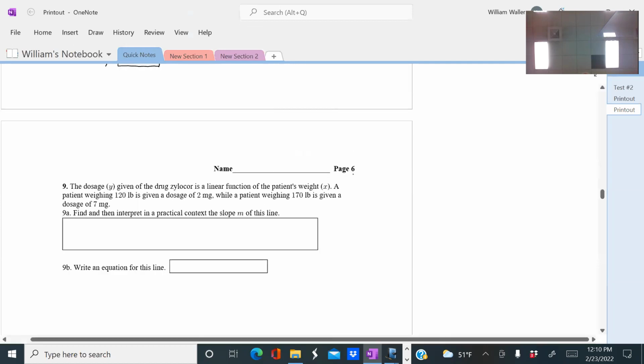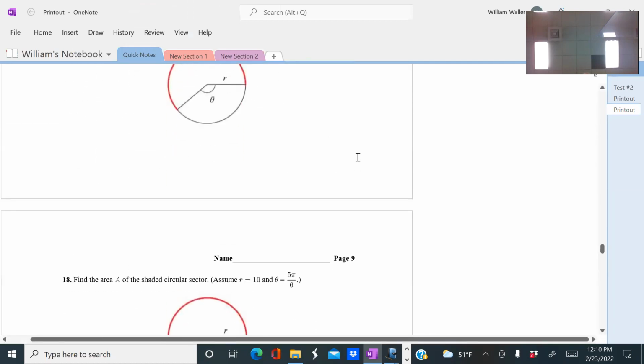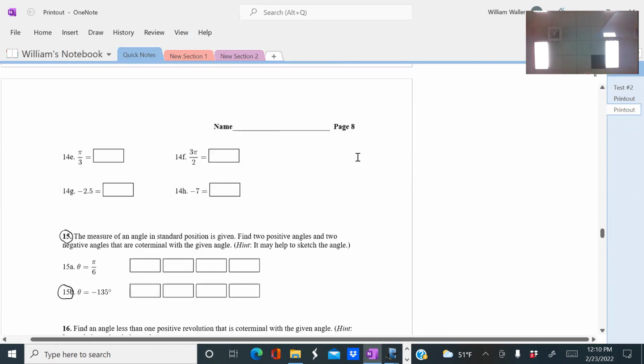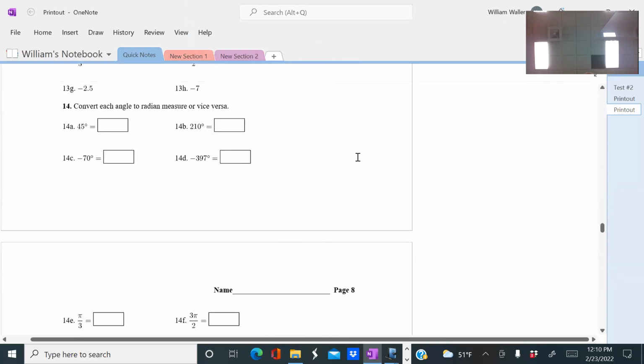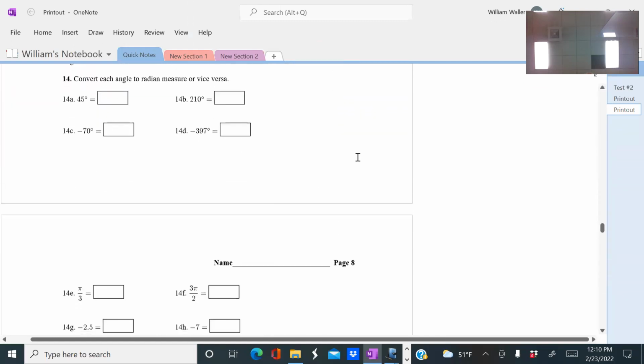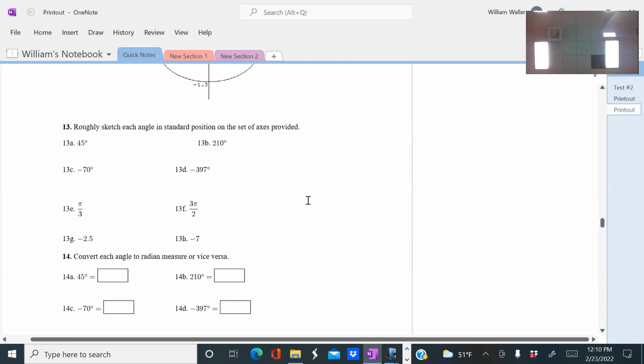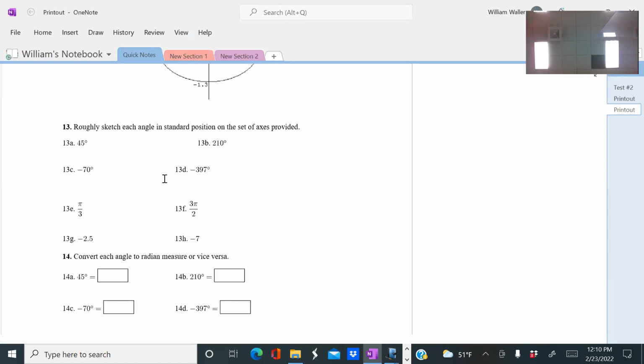All right, one more thing I want to show you is problems like this, okay? I didn't put the answers here, I don't think. So you want to practice this, though. These are easy questions. It just says sketch the angle, right? So try to practice that before you come to take the test, drawing an angle.